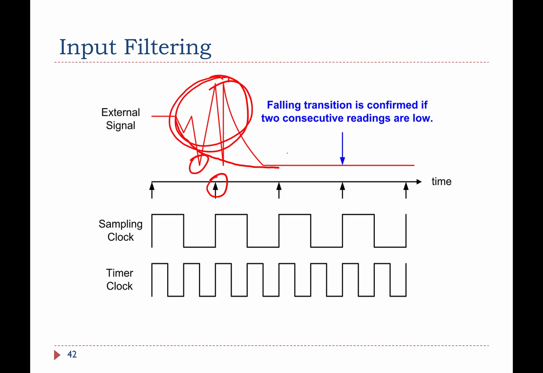And so here is the first one where there's no strange transition, and then here's the second one. And so this would be the reading that it would get from whatever the timer count is right there.